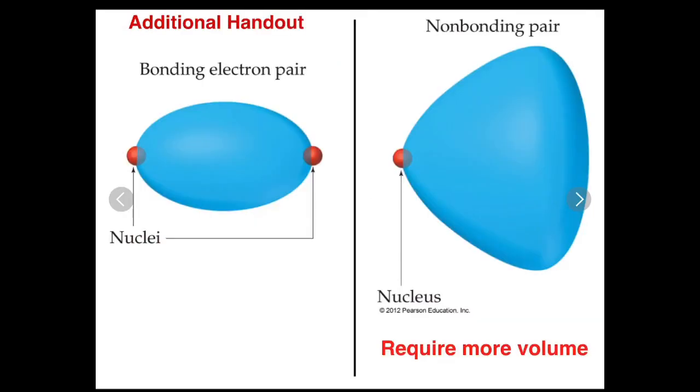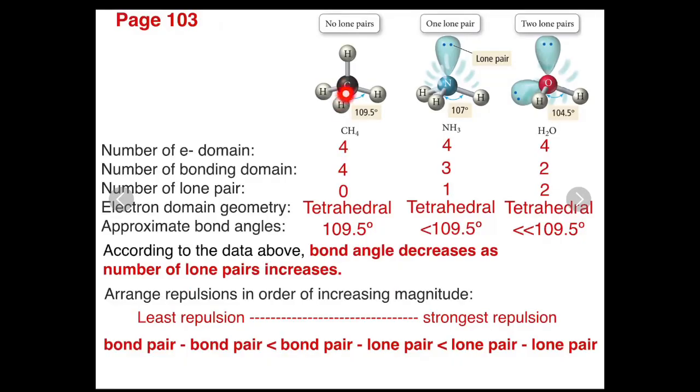Okay. So again, the reason why lone pair has more repulsion effect is because the lone pair electron requires more volume or more space. As I mentioned before, when we talk about bonding electron pairs, which are the electrons between each of these bonds, that's what we call the bond pair.